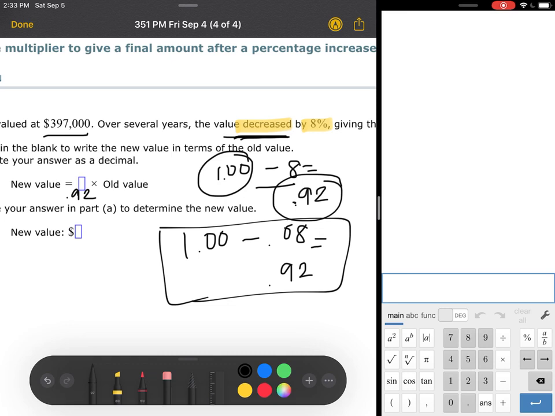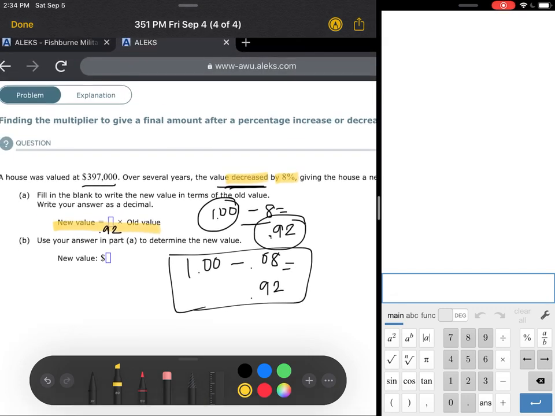Anyway, what you're going to do is take the new value equals, well, you're going to take what you just figured out and put it in the calculator. So just so everybody can see it, I'm going to erase this.